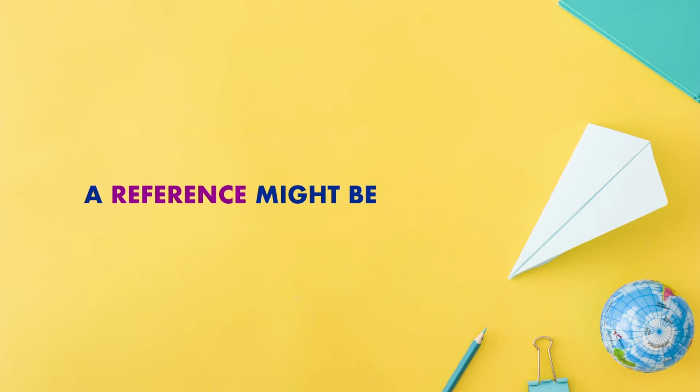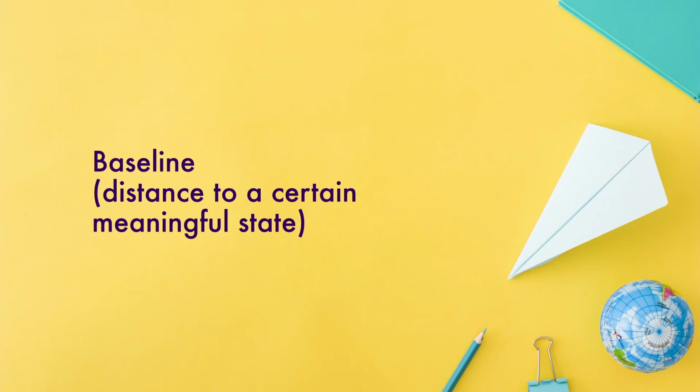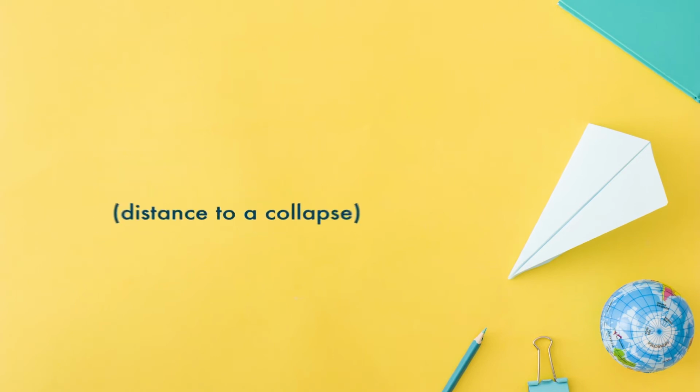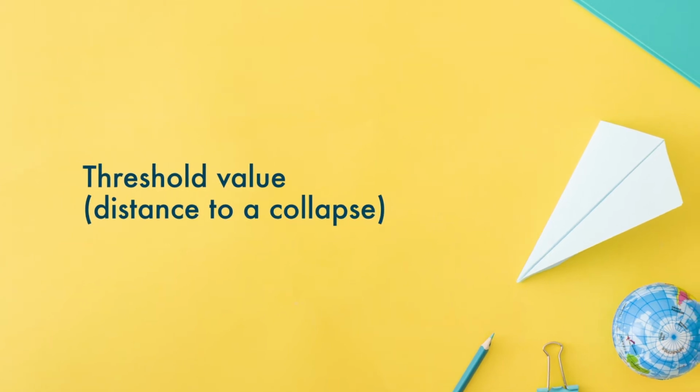These are basic characteristics of indicators. A reference might be a target, meaning distance to a target. A reference might be a baseline, distance to a certain meaningful state. Threshold value, distance to a collapse.